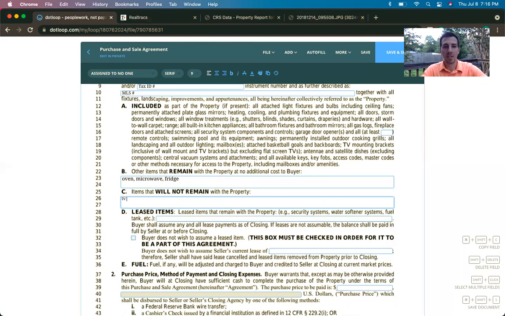We can say TV wall mounts. As you can see, that's in here. If we put that here, that means the wall mounts are not included. So use this section to override anything that is not included, or if you want to make a special point to a seller to take something and make sure they don't leave it behind, put it here. Like above ground pool, maybe you've negotiated and the buyers don't want a shed, something like that. So put those items there.